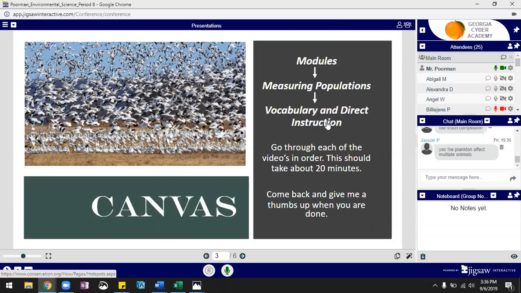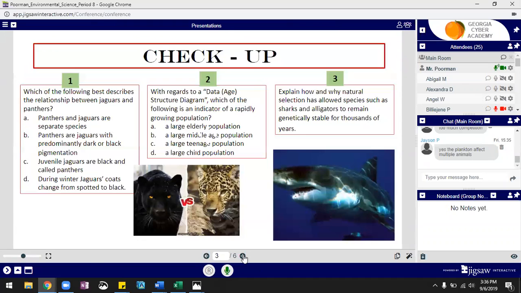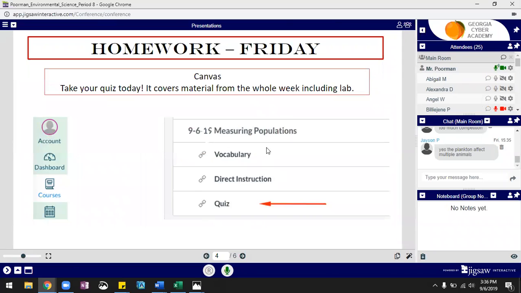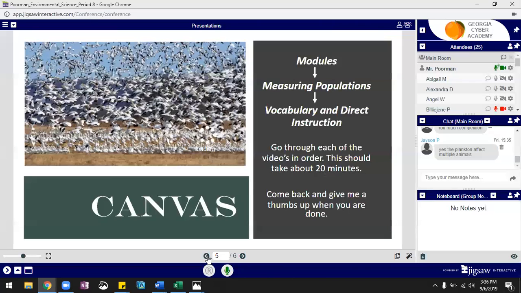The last 5 minutes of class, we'll come back and we'll talk about what we've learned today so far. And then I'll talk about our homework for tonight, just finishing up the modules and our quiz. Any questions? I'll leave this checklist up here for you to refer back to if you need to, all right? I'll let you get to it, guys. If you have any questions, just send me a personal message.